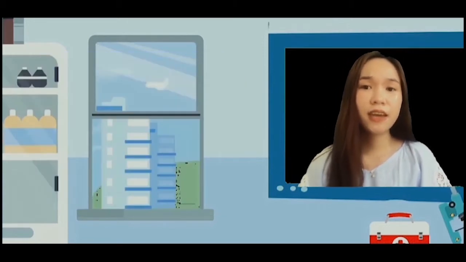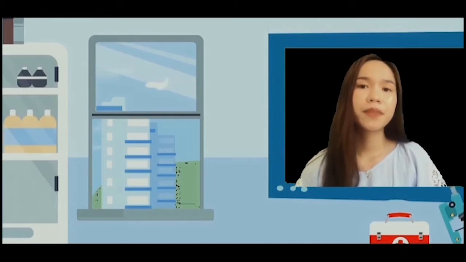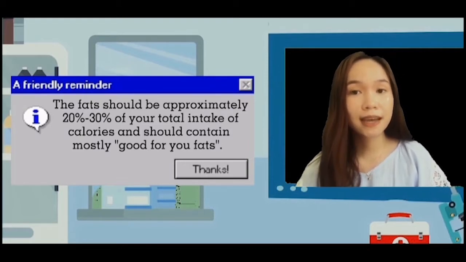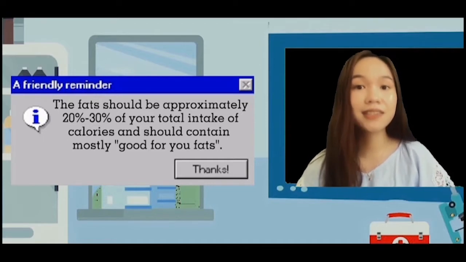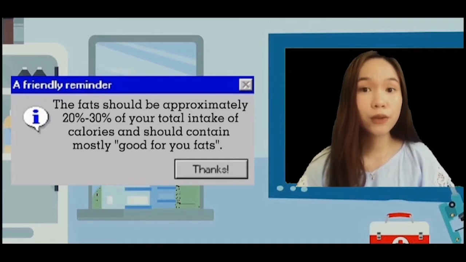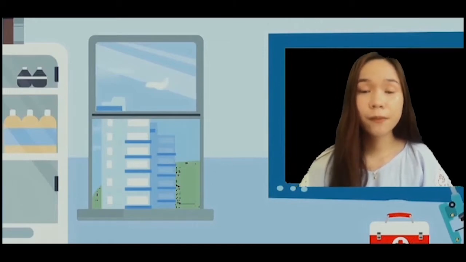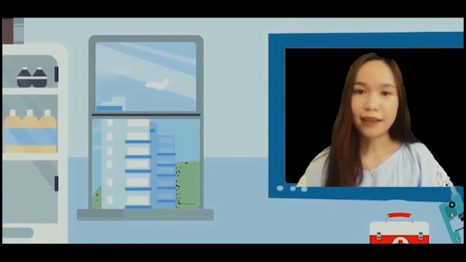This means a good balance between proteins, carbohydrates, and fats. The fats should be approximately 20% to 30% of your total intake of calories and should contain mostly good fats, the fats most prevalent in nuts, fish, and certain fruits like avocados.